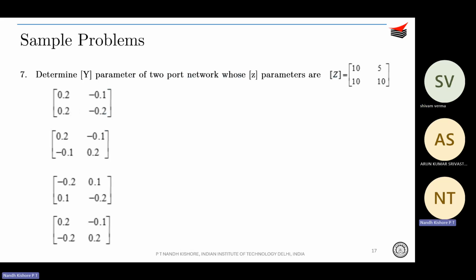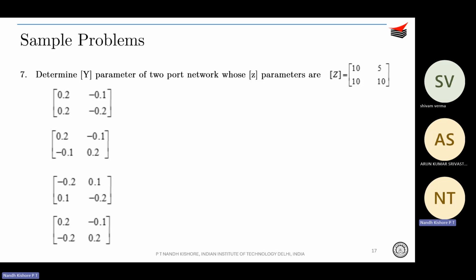So in the last class, we saw this particular problem. That is, we left off at this particular problem, right? Determine the y parameter of a two-port network whose z parameters are as given. Since your admittance matrix and your impedance matrix are complementary to each other, Z inverse is equal to Y and Y inverse is equal to Z. So basically, if you take the inverse of the given Z matrix, you can get the Y parameter.